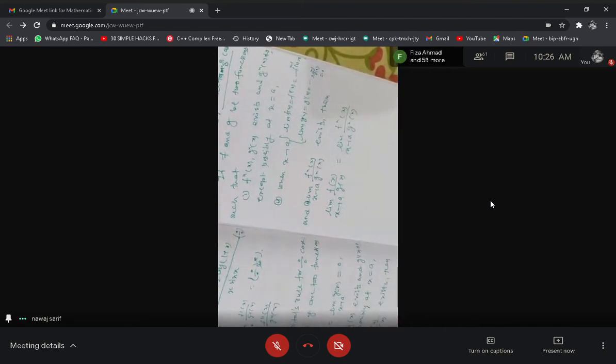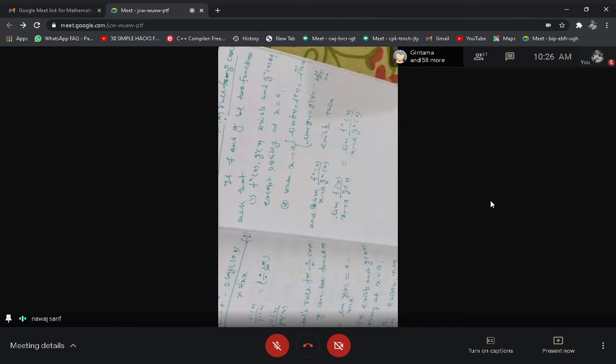Okay, so this is the general L'Hospital rule for 0 by 0 form. So similarly you can write the L'Hospital rule for infinity by infinity case also.